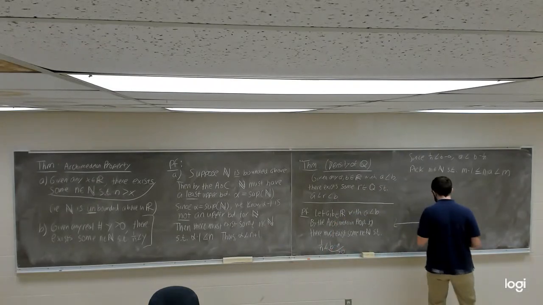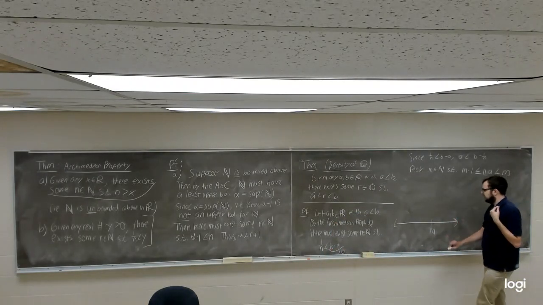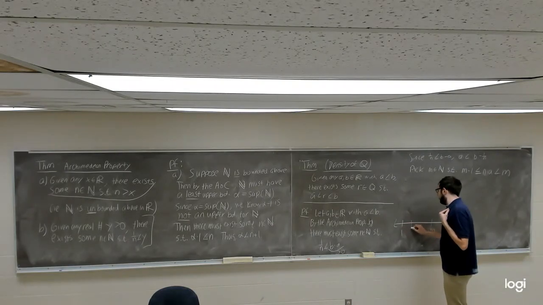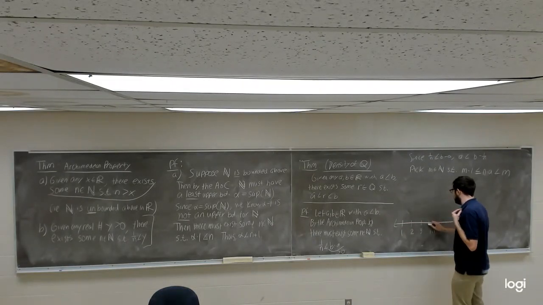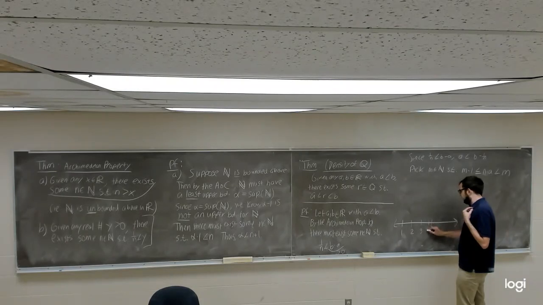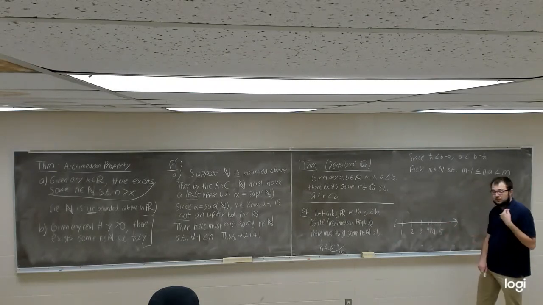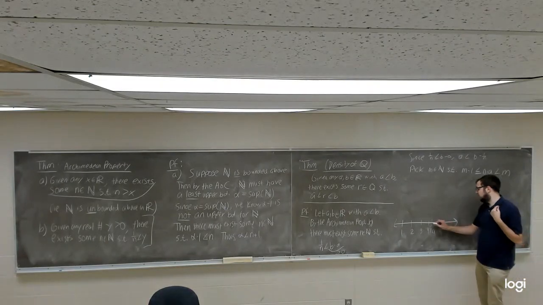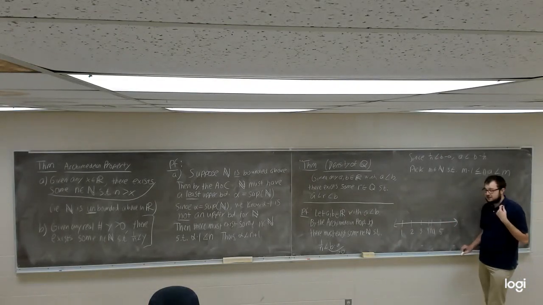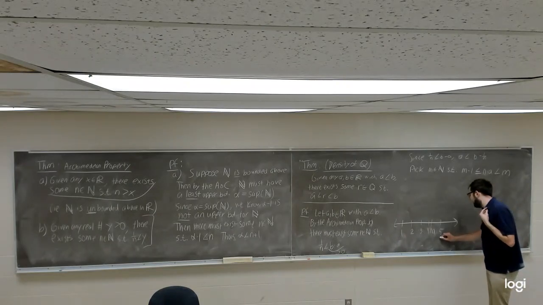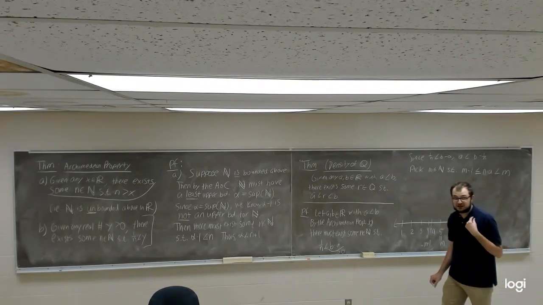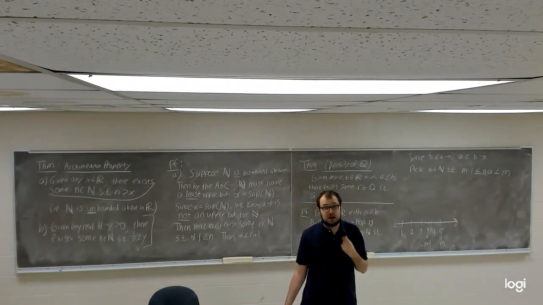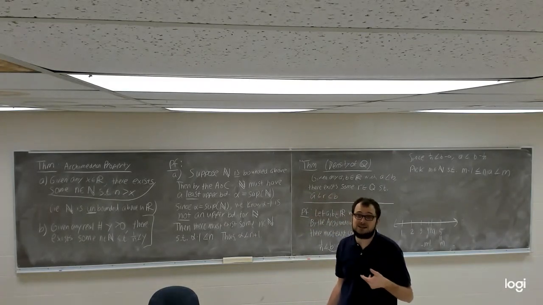Let's say this is 1, this is 2, this is 3, this is 4, this is 5, etc. We know n times a has to lie between two different natural numbers. The natural number that n times a lies below, this one, 5, I'm just going to call m, which would make this one, 4, equal to m minus 1. I'm basically saying we have some positive real number, pick the two natural numbers that it lies in between.